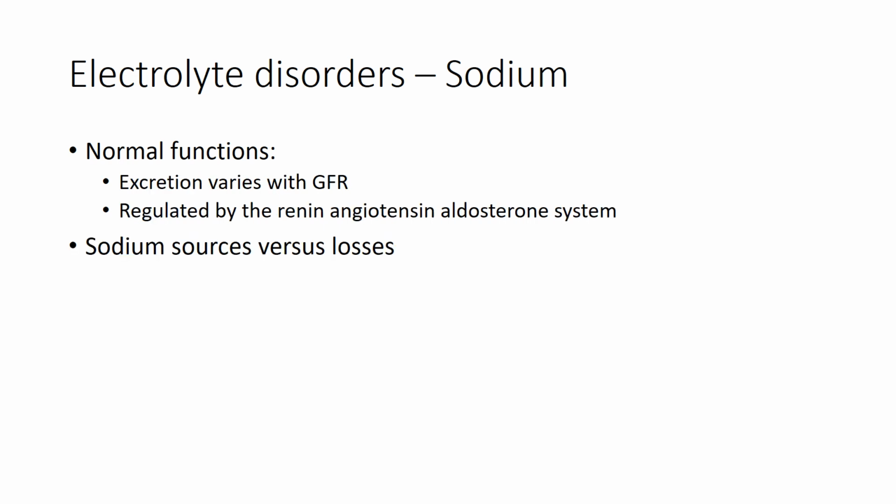The concentrations of sodium can vary with renal function. Increased glomerular filtration rate leads to increased sodium losses in the kidneys, and reductions in glomerular filtration rate result in reductions in sodium excretion. Sodium concentrations are regulated by the renin-angiotensin-aldosterone system.